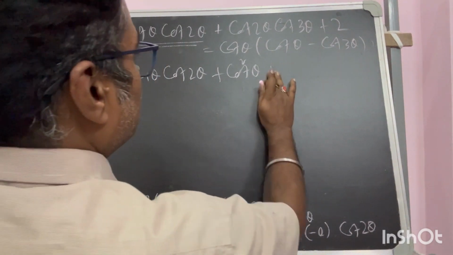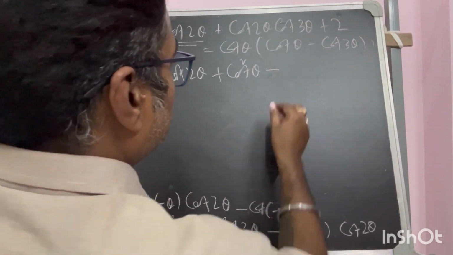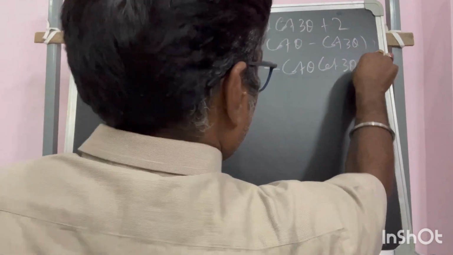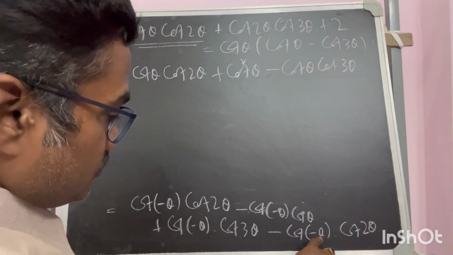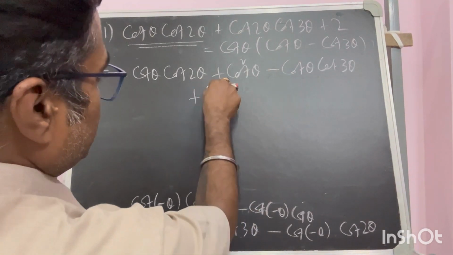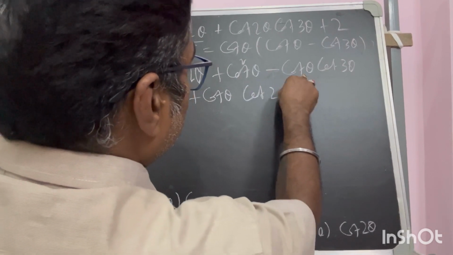This will again be cot of minus theta, means minus cot theta into cot 3 theta, cot of theta cot of 3 theta. Fourth term, minus cot of minus theta is minus cot theta, this plus, this will make it plus, so cot theta into cot of 2 theta.